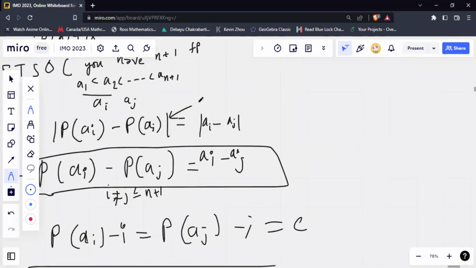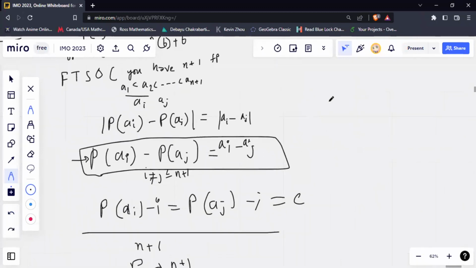Can we get rid of all these sign problems? Does anyone have any ideas?